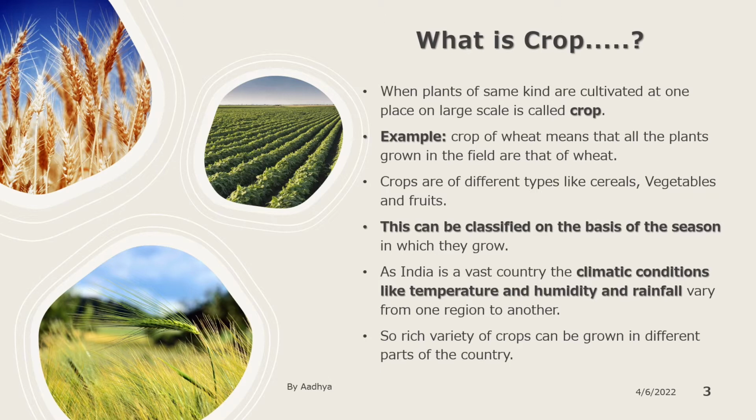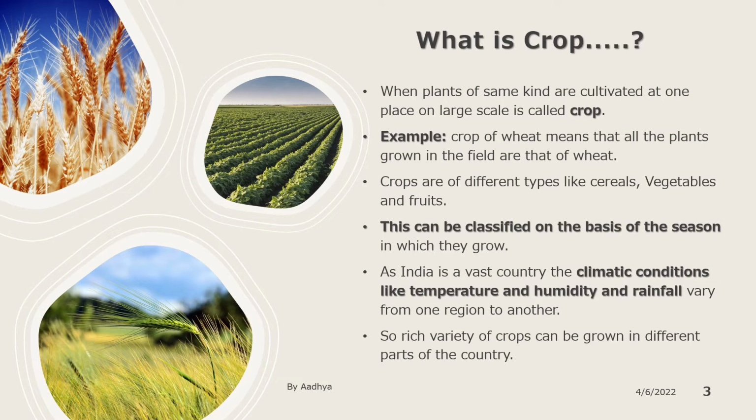Now, crops are of different types like cereals, vegetables and fruits. They can be classified on the basis of the seasons in which they grow. As in India, it is a vast country. There are different climate conditions from north to south.